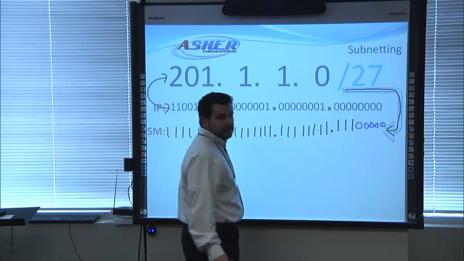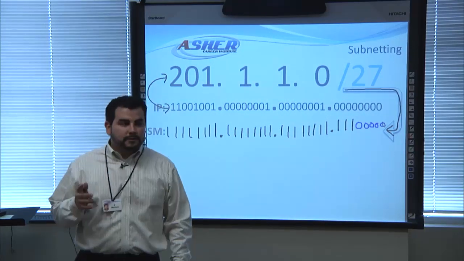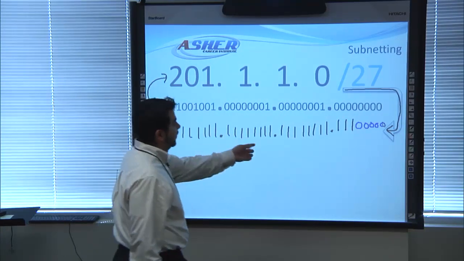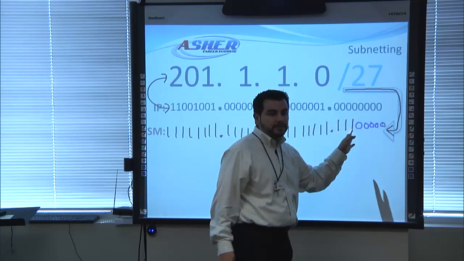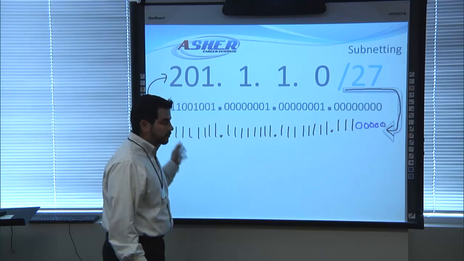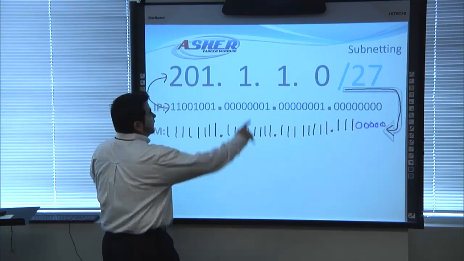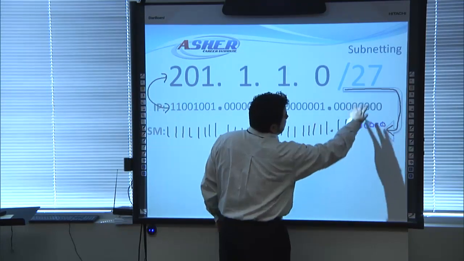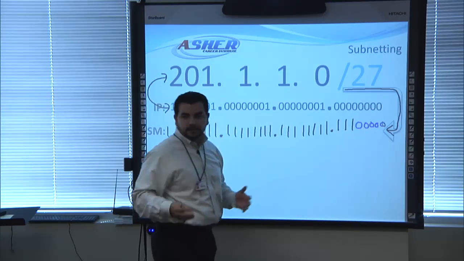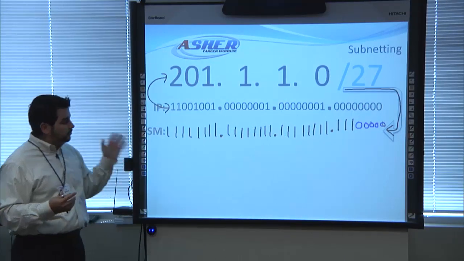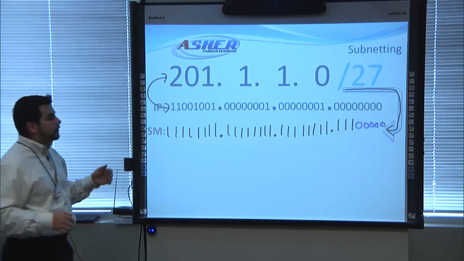Why are we missing 5 digits? Because it's an octet, which means there are supposed to be 8 digits in each block, and a total of 32. So if this is 27, that tells me there are 5 zeros.